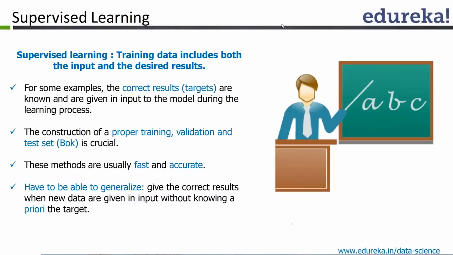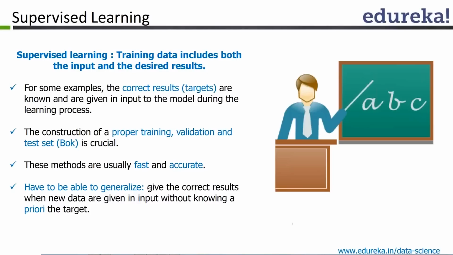Whenever a transaction comes in, the model should be able to say whether it's fraudulent or normal. So that is the meaning of generalization, or the using of the model in the context of new incoming unseen data. Your model should be able to generalize to the unseen data.